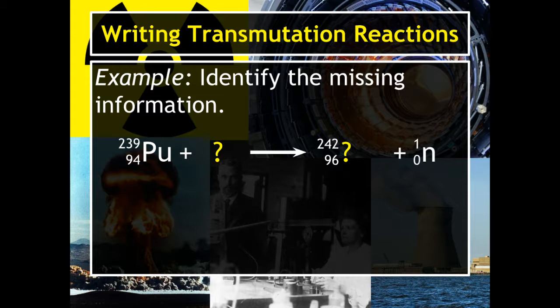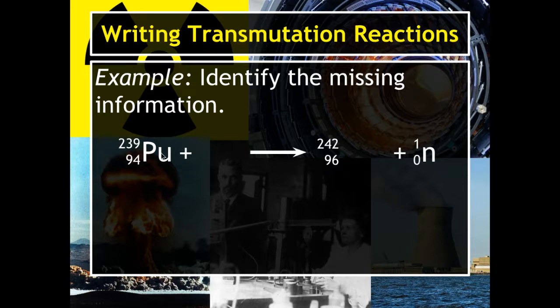So let's practice some. Identify the missing information. You have Pu, and on this side, you have a neutron, and 242 and 96 was given.